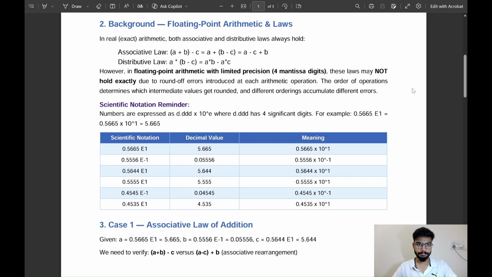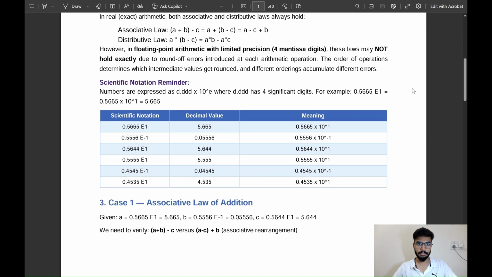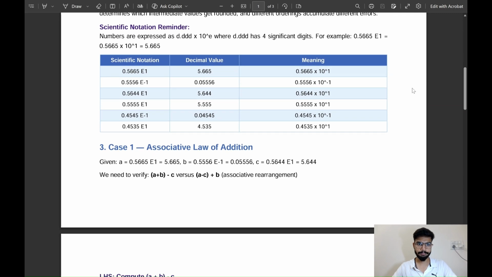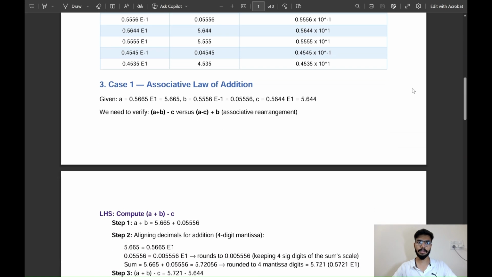Here you can see significant digits and the remainder, and a table is given. This is our example. Now let's start with case 1, which is the associative law of addition.